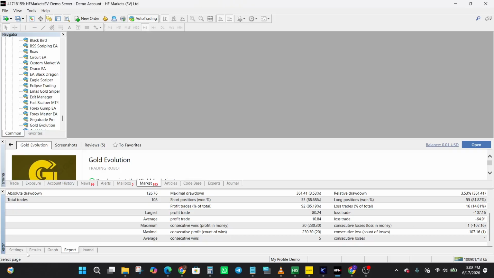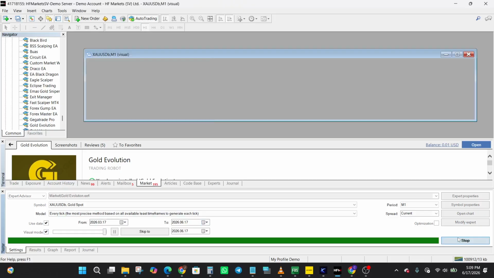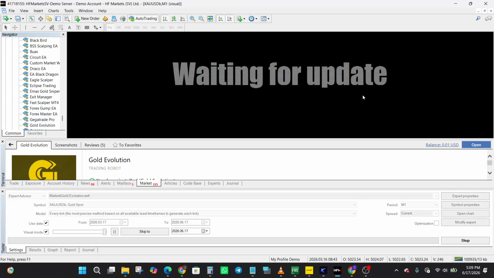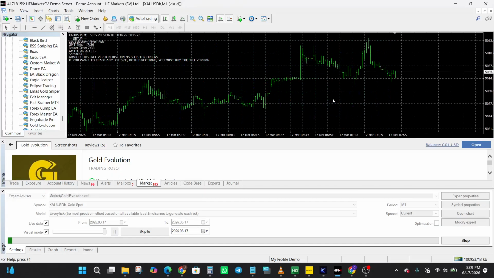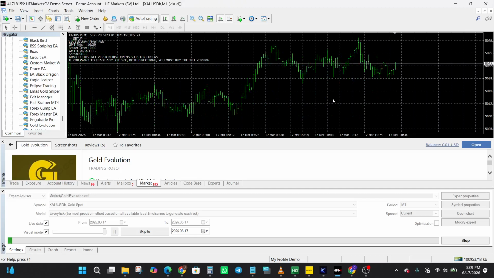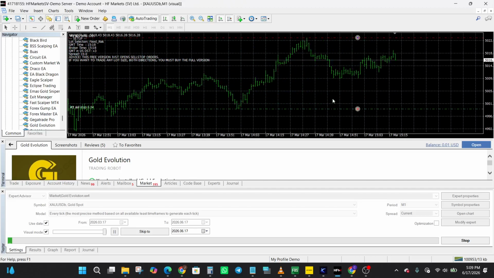But then let's head over to our strategy tester. We're going to turn on the visuals and then let's see how the EA looks in action. When reviewing any historical testing results, it is important to remember that we are just looking at historical analysis rather than future expectations. Backtesting allows us to see how an expert advisor responded to previous market conditions, but it cannot predict future performance.